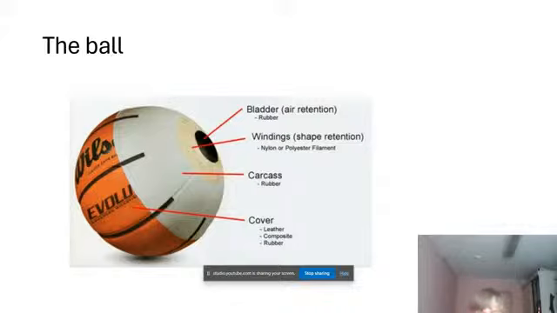Game balls are exclusively made of leather. However, composite materials are used in replica balls, but the difference is obvious when you touch a real game ball and a replica ball, because a game ball is much easier to handle and much easier to throw.